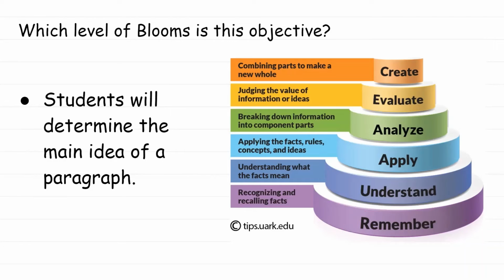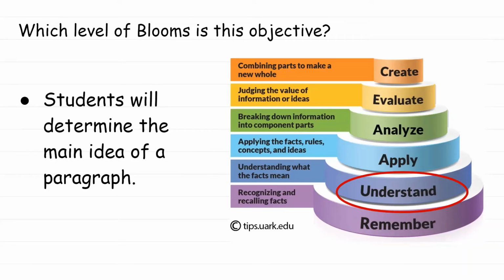Okay, next objective. Students will determine the main idea of a paragraph. Go ahead and pause and think, what level of Bloom's is this thinking? Okay, so it's understand. So they're going to use facts from a paragraph and use those together to determine what the main idea is.